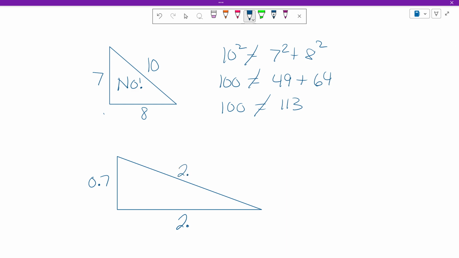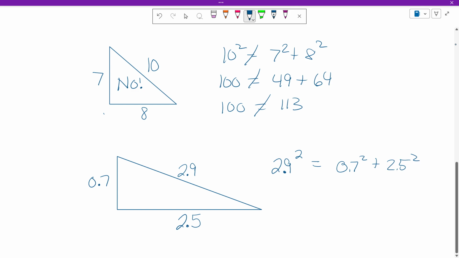I think this side's supposed to be 2.9. So let's say it's 2.5. Is this a right triangle? So which would be the longest side out of these three? 2.9. 2.9 squared equals 0.7 squared plus 2.5 squared.